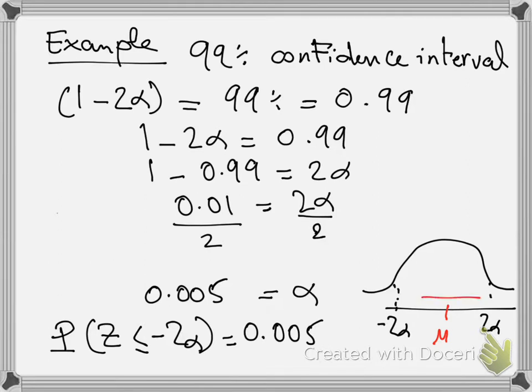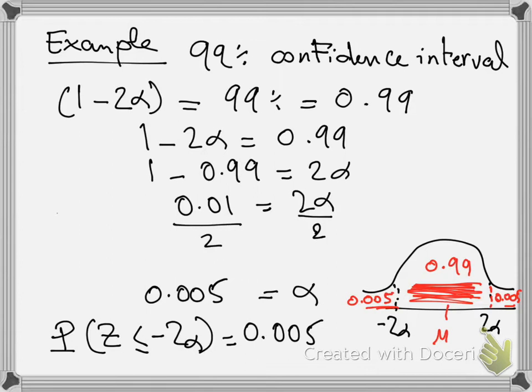So it means that this area here is 0.99. Then to the left this is 0.005, and to the right this is 0.005, right? Again, guys, remember the total area is 1. So this is 0.99, this is 0.005, and this is 0.005, okay?